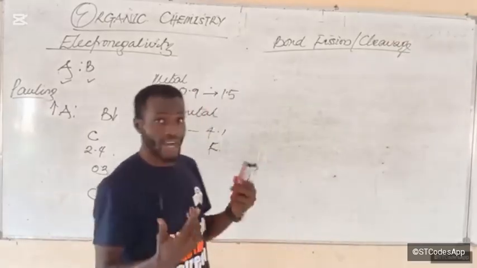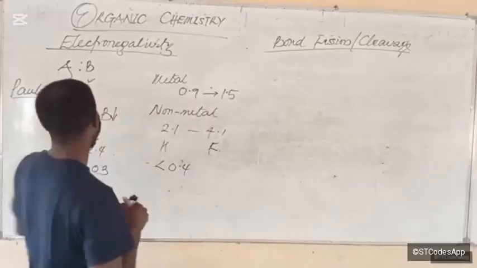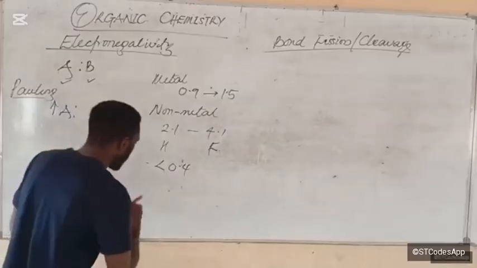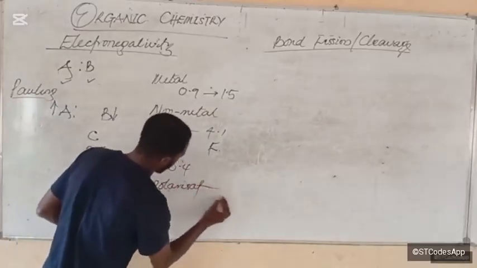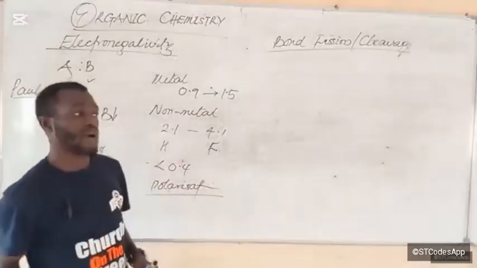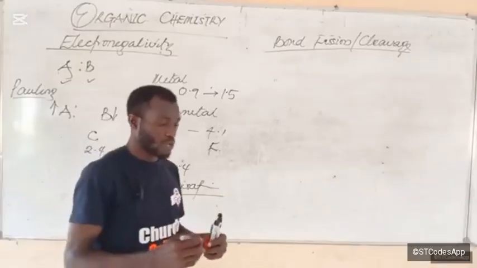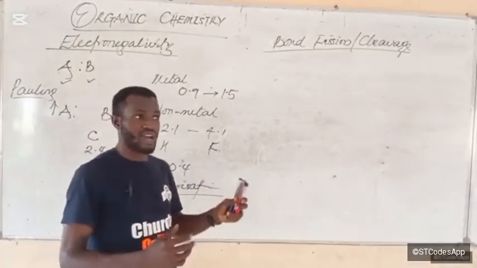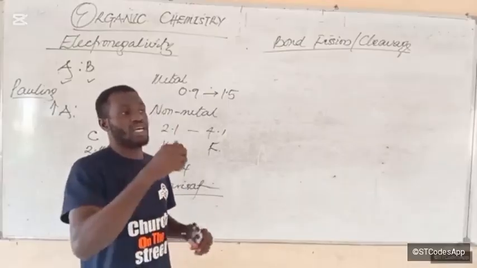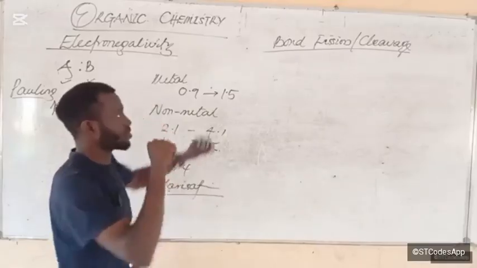And how or why does this happen? Because of polarization. I cannot explain polarization now because I will have to talk about its effects. We have about 5 effects that we're going to be explaining in the next video. But for now, let's talk about bond fission.